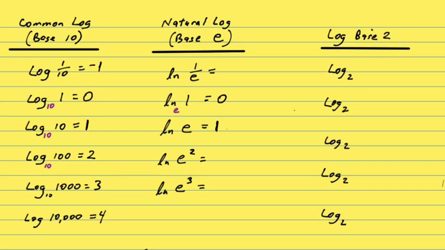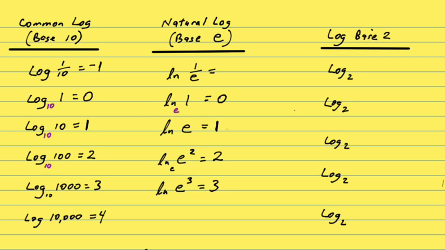Now this is going to sound silly, but just listen to me a minute. E to what power is e to the 2? 2. E to what power is e to the 3? 3.